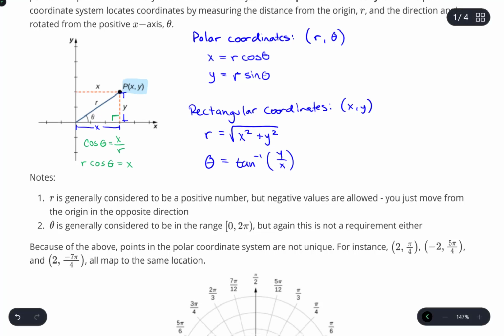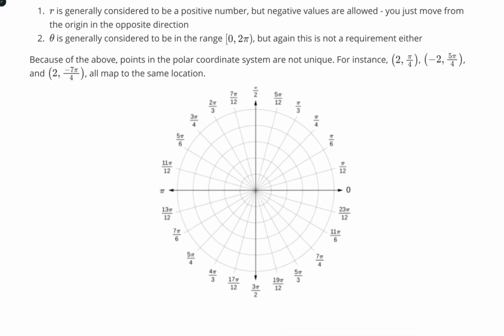So to plot a couple of points here, we have a polar coordinate grid. And what I want you to see is that if you take away the two restrictions above, so if you allow for r to be negative, and if you allow for theta to be outside of the range of 0 to 2 pi, then you don't have unique values for individual points.